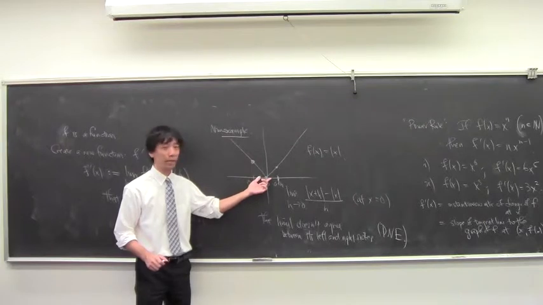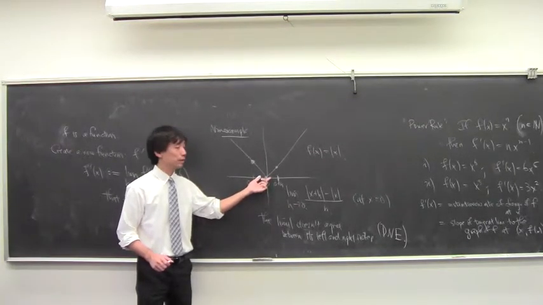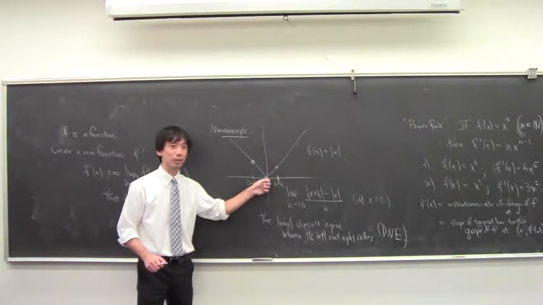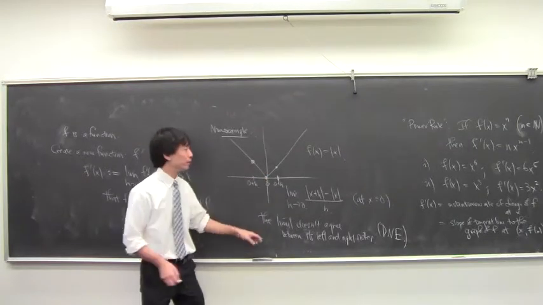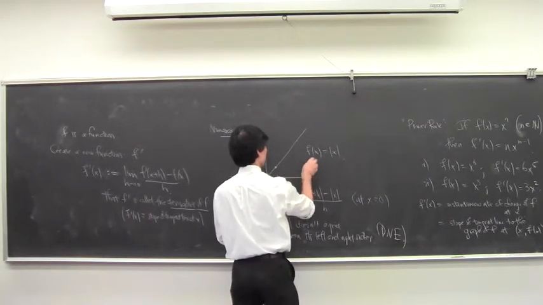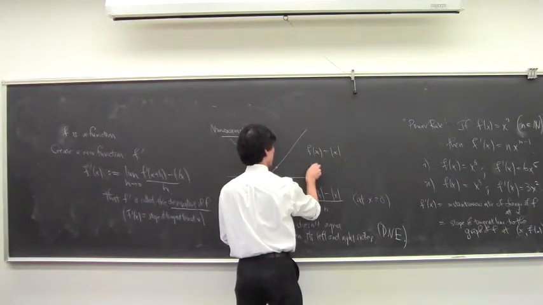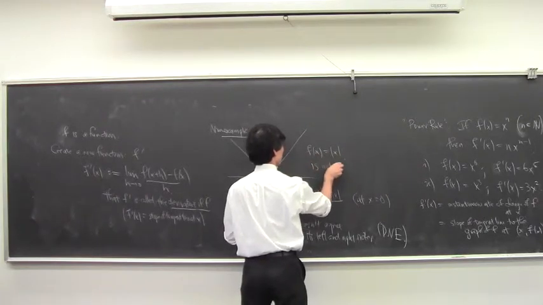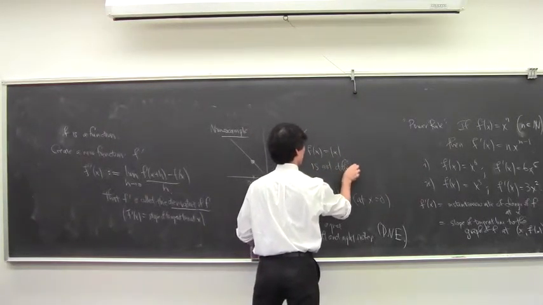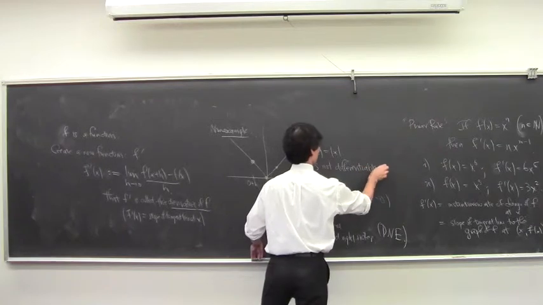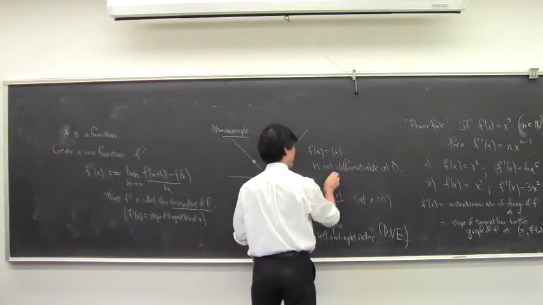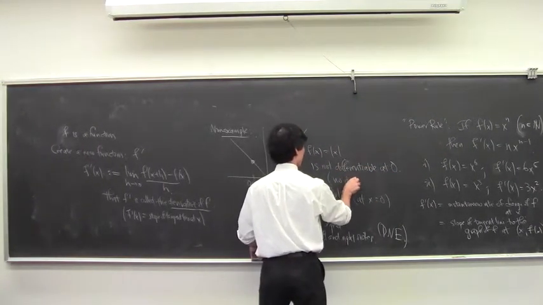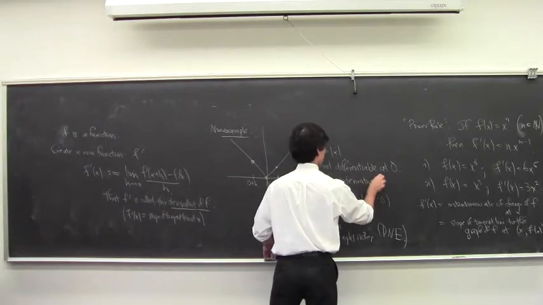Okay, so for this function, we say there's no derivative at that point. We say this function is not differentiable at 0. There's no derivative at x equals 0.